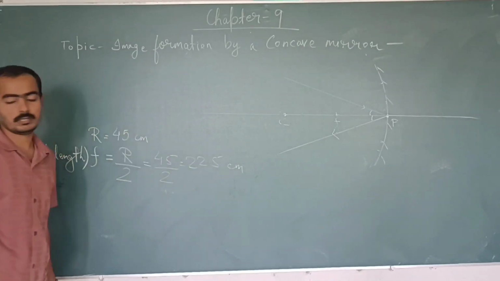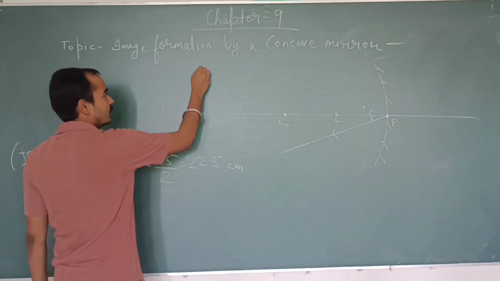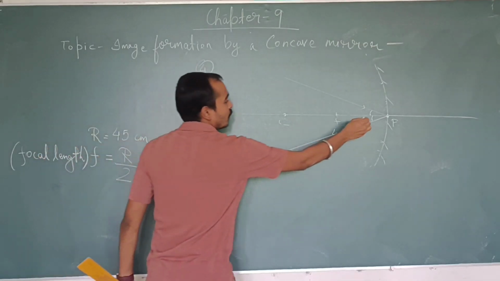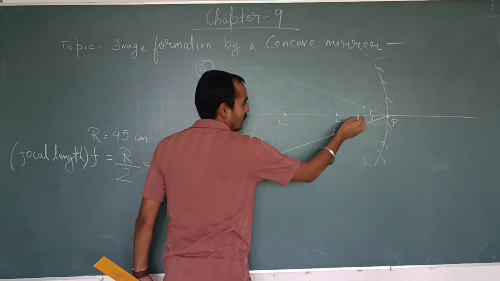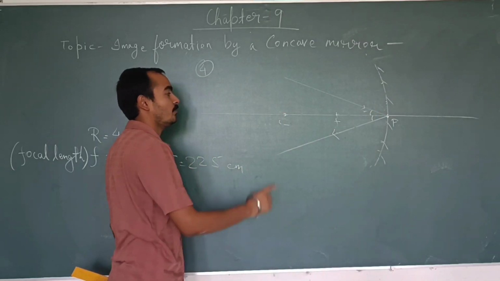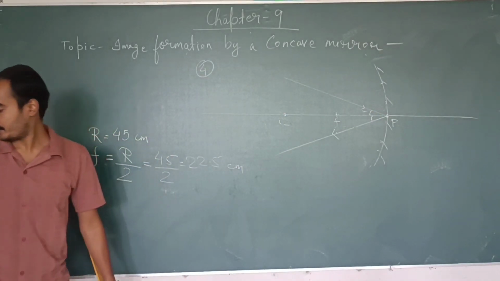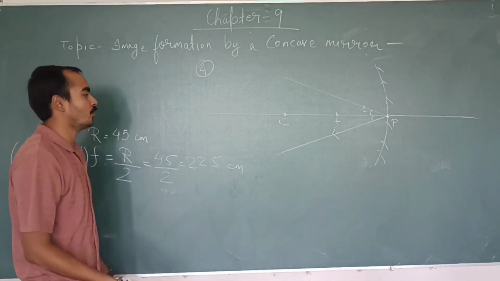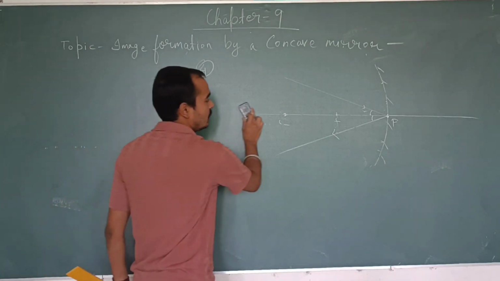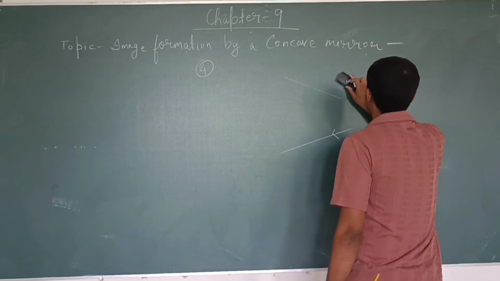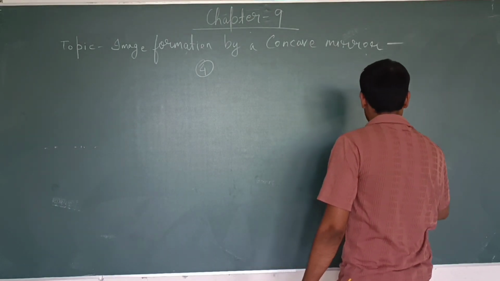That when a ray of light goes to the pole, then after reflection it goes at the same angle that it had incident with the principal axis. Okay? Now we have learned the four rules. Now we will see how an image is formed in a concave mirror.